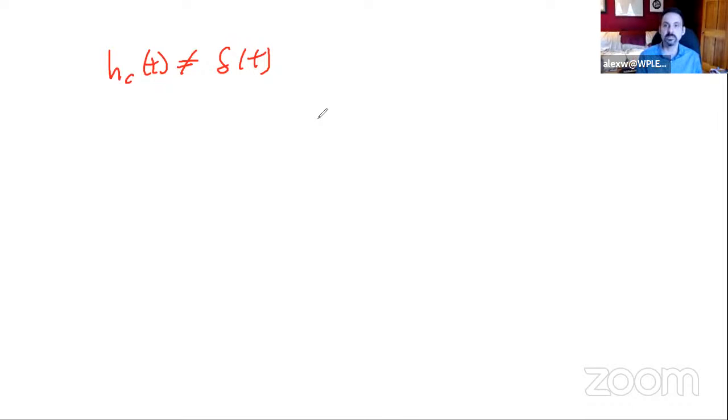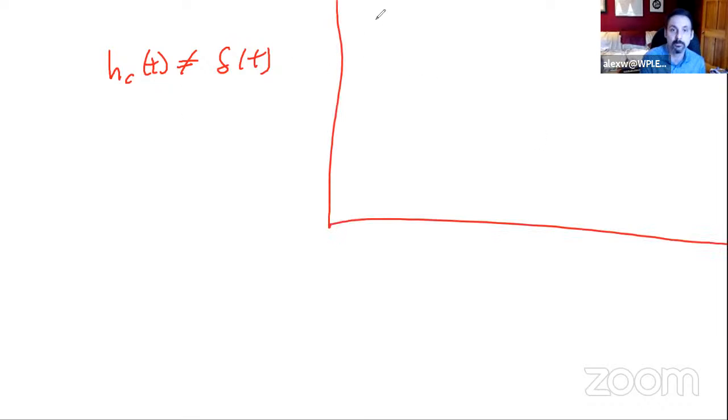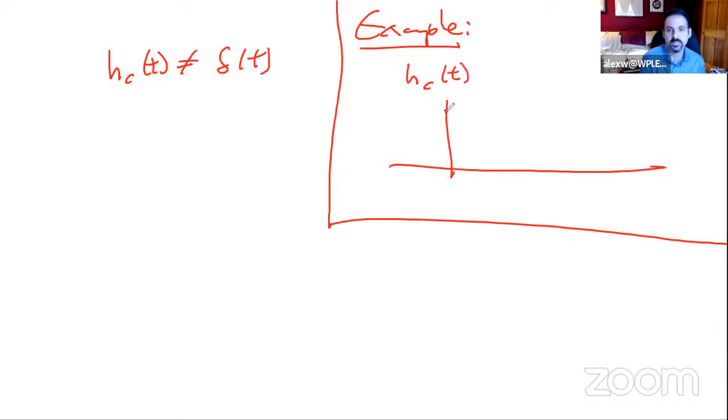So for instance, a side example. If I have h_c(t) that looks something like this, let me do it better, so it doesn't go negative. Yeah, that's it. So suppose we have something like this over time, 0.